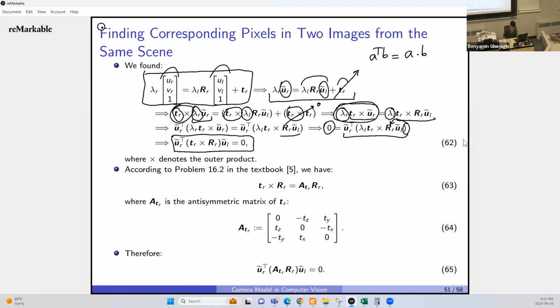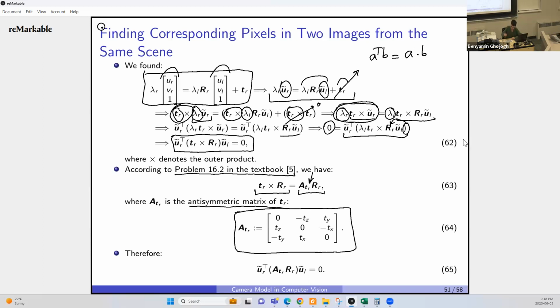Now, according to problem 16.2 in the textbook of Prince, reference 5, TR outer product RR equals ATR RR. Here is matrix multiplication, where ATR is the antisymmetric matrix of TR. You know what TR is, by the way, right? You haven't forgotten that. This is the translation vector for the right camera. So ATR is defined as this.